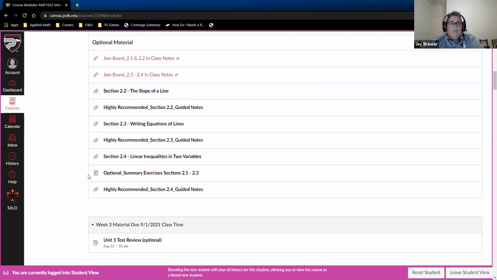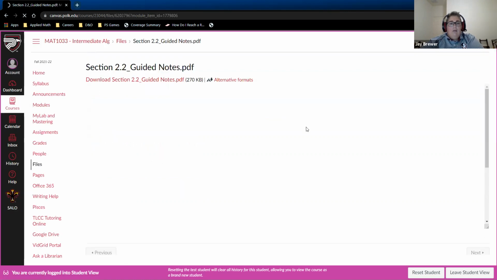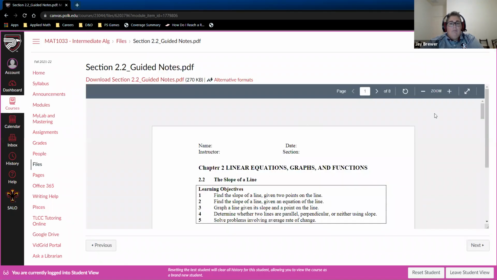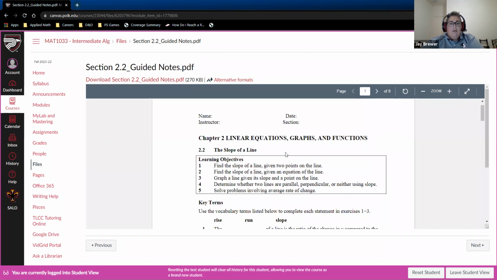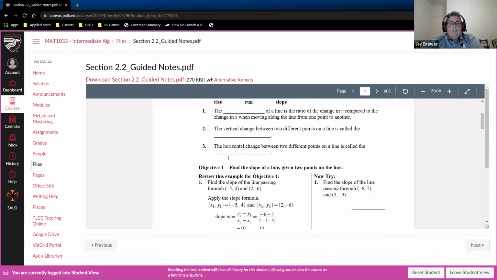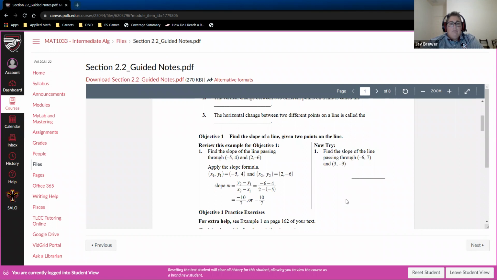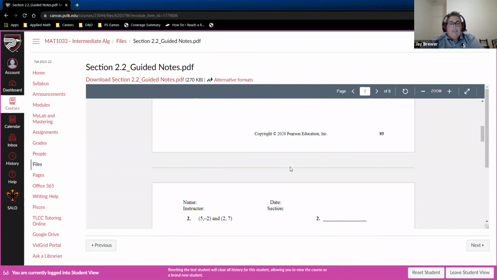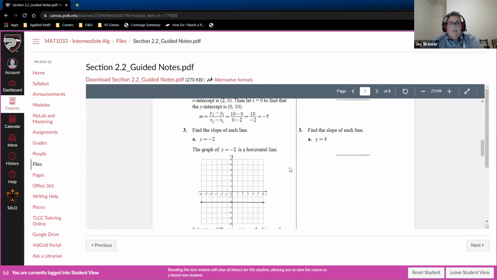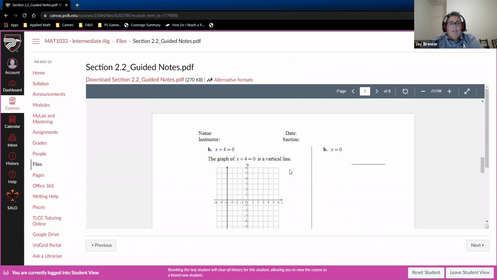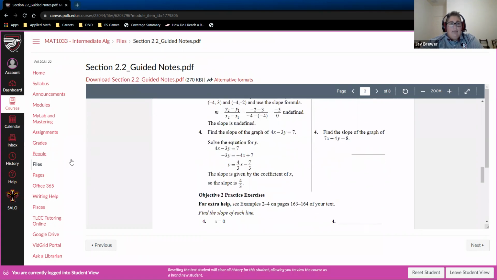Sometimes they'll throw in optional exercises, and these guided notes are what I really suggest that you use for your note taking at home if you're going to do any notes before class. They have you go over key terms, do some examples, and that kind of stuff. So I think these are really good for each section as a way to get introduced to the material.